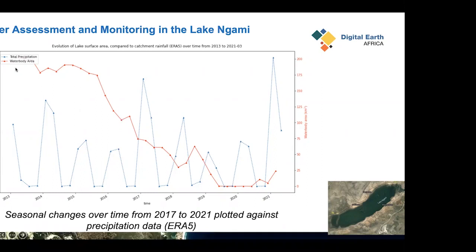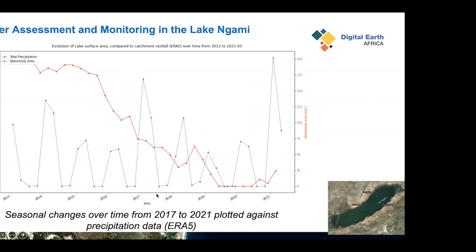So you notice that the water body area starts from 200, and the precipitation is about 750. And you can see that within the year, they have a high peak raining season before we go to the low one.